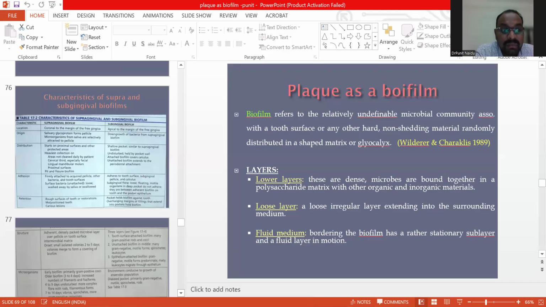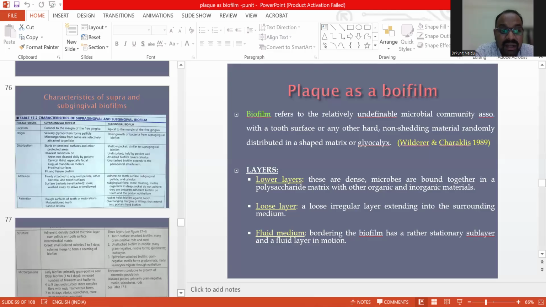The subgingival biofilm: the location is apical to the margin of free gingiva, and the origin is downgrowth of bacteria from supragingival biofilm. It is distributed in shallow pockets, and the biofilm is attached over the calculus.